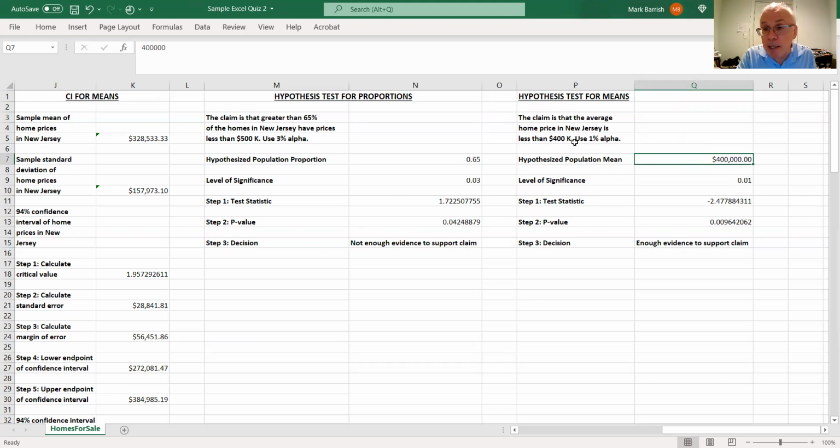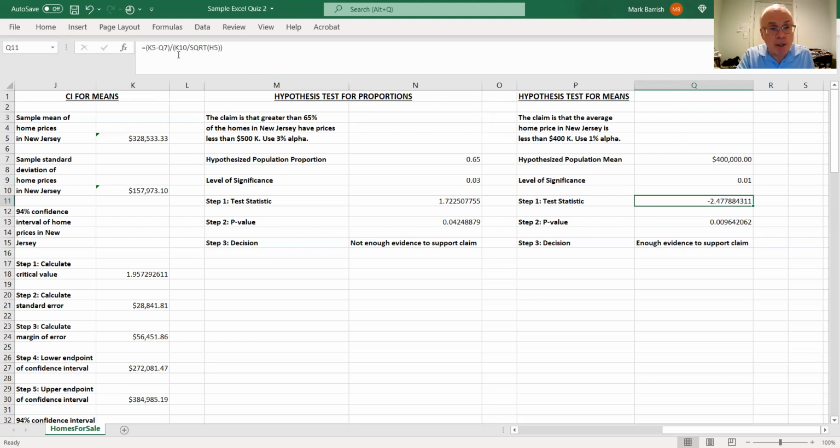So this is going to end up being a left tail test. All right. Now, test statistic. Because we are using sample data for the standard deviation, and we don't have the population standard deviation, the test statistic will be a T, not a Z.